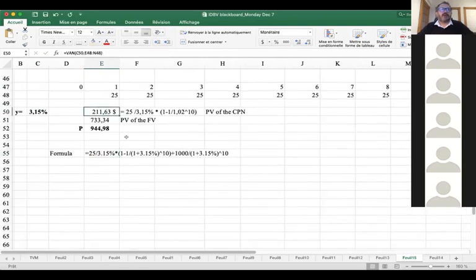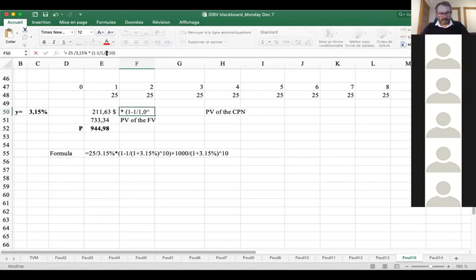So on one hand we have the present value of the coupon here, and we have the present value of the face value here. And so it's 944.